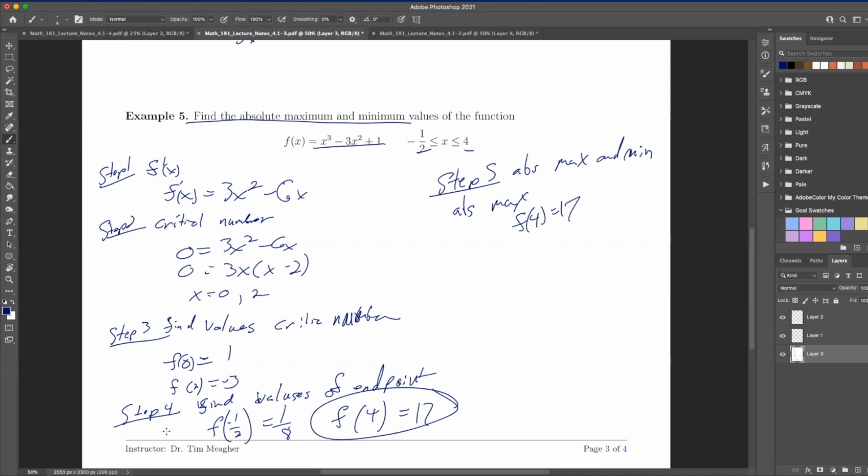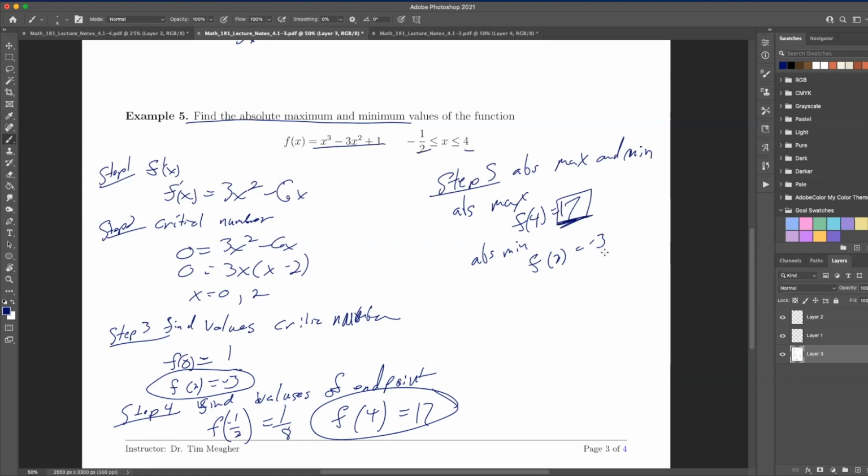The absolute min is here with a critical number. So the absolute min here is f at 2, and that is minus 3. So the absolute maximum value is 17, right? So 17 is the answer, so I'll just box that.